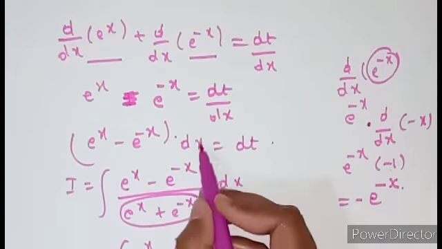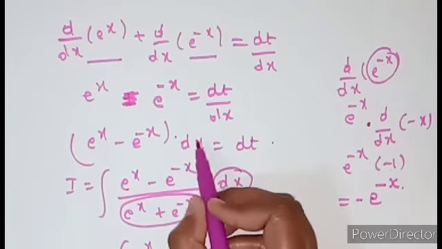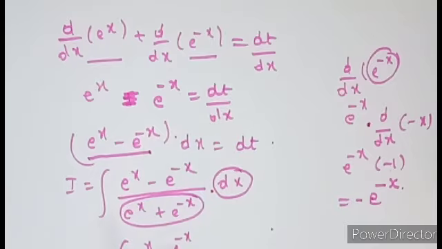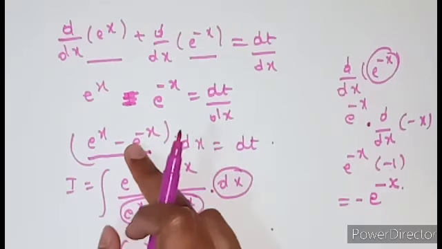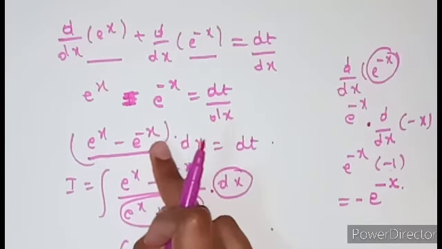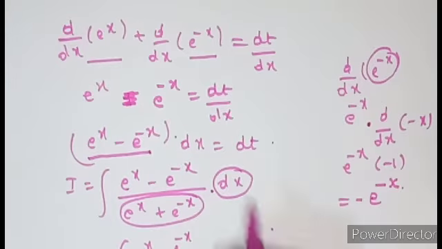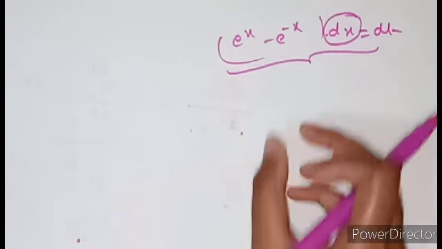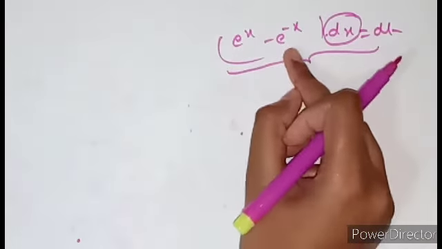And here one more thing: we need only dx, but here we have e power x minus e power minus x. What we have to do here? Divide by e power x minus e power minus x on both sides. In the integral we need only the dx value, we don't need e raised to x minus e raised to minus x.